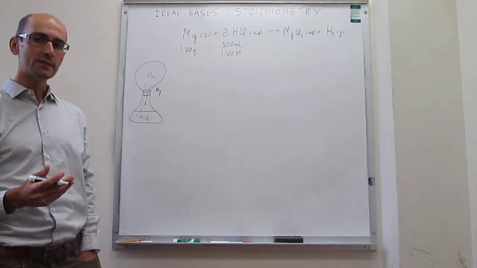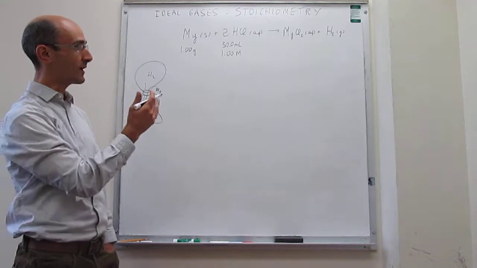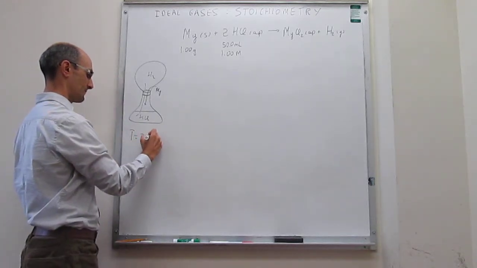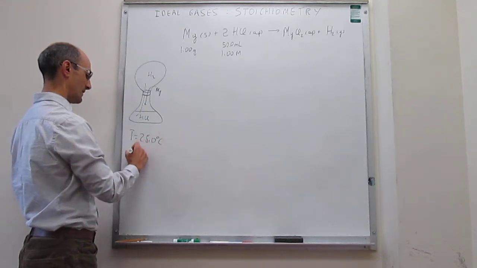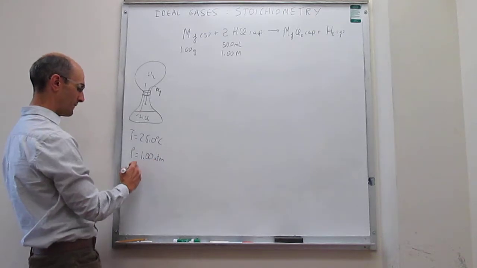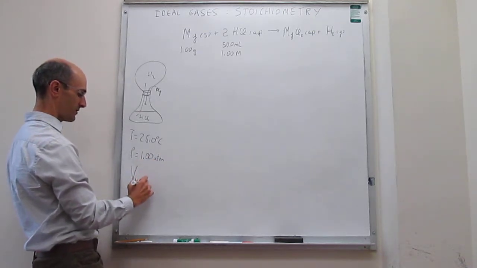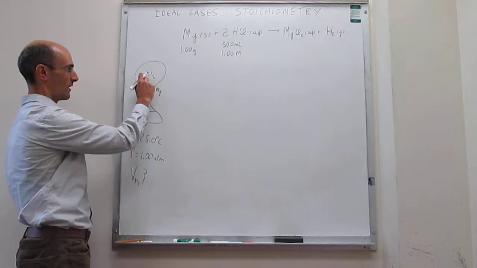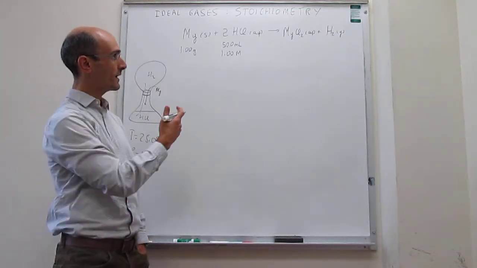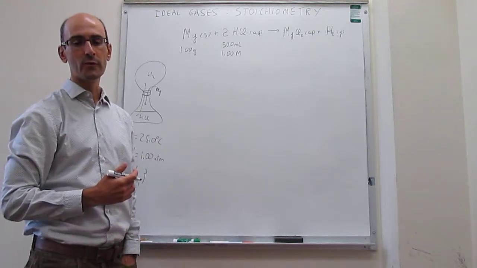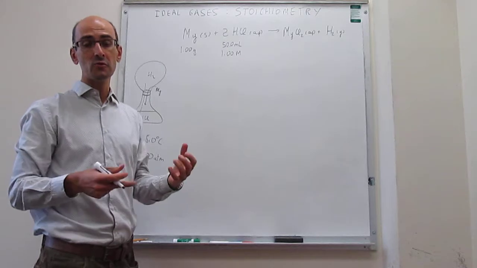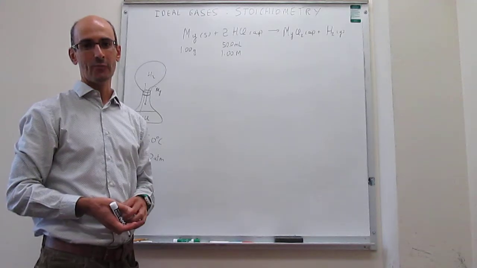All right, so the question we're going to be asking is, if we carry out this experiment at a temperature of 25 Celsius and a pressure of 1 atmosphere, what would be the volume of H2 that is evolved? So how much H2 will we have in that balloon? We don't know from this statement whether the reagents are mixed in the correct stoichiometric amounts, or whether there's one in excess and we have a limiting reagent.